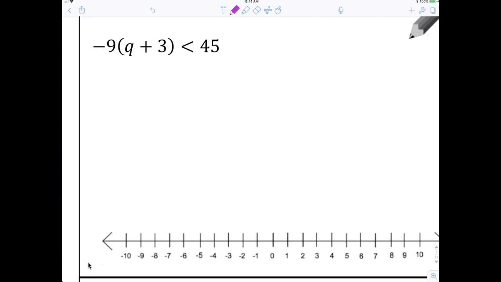I'm dividing by a negative. And when I divide by a negative, what do I do to the signs? Change them. So I'm going to tell you Q plus 3 greater than -5. Is everybody happy with that?